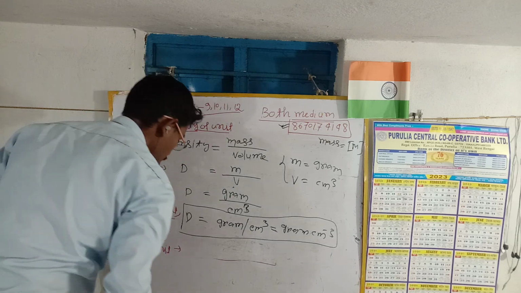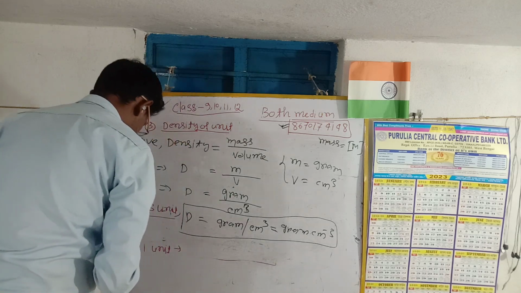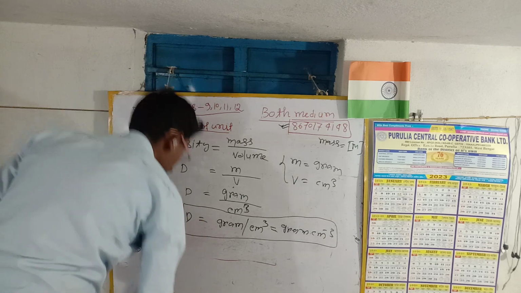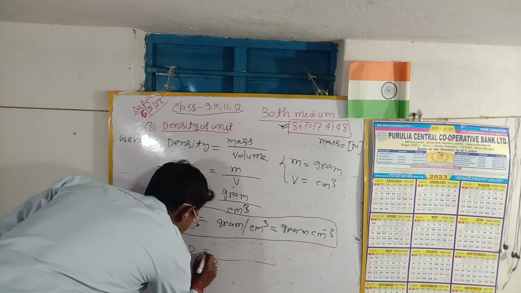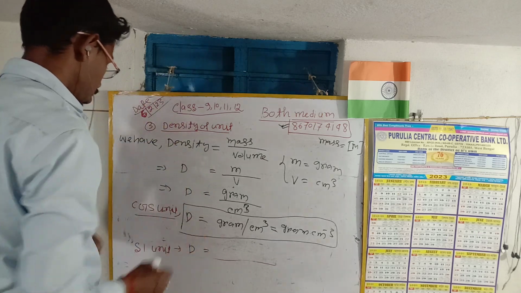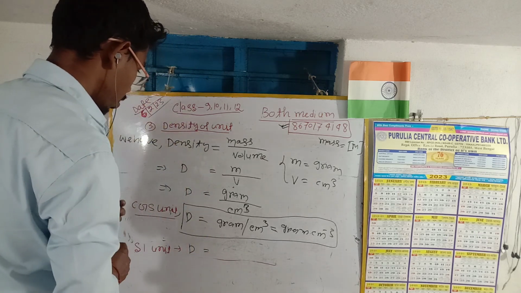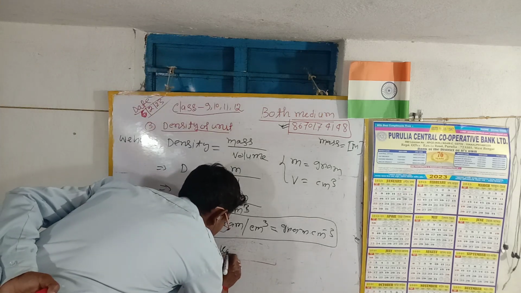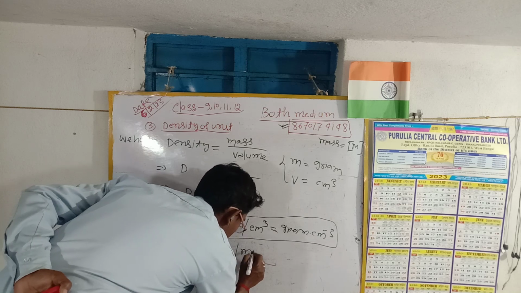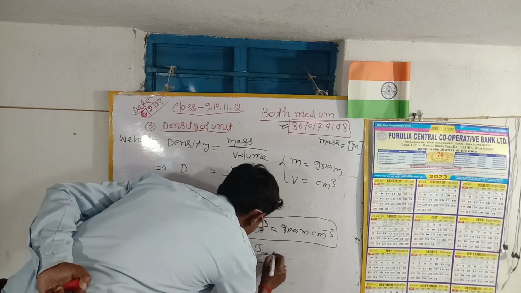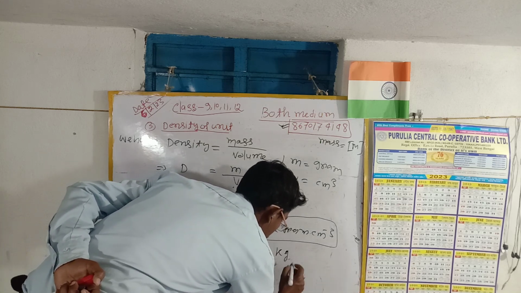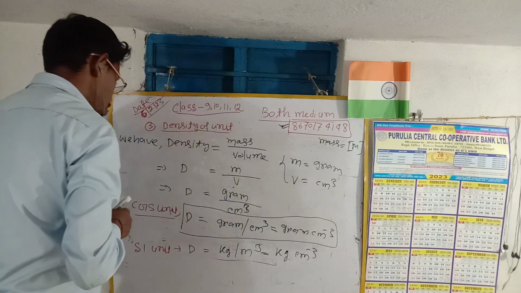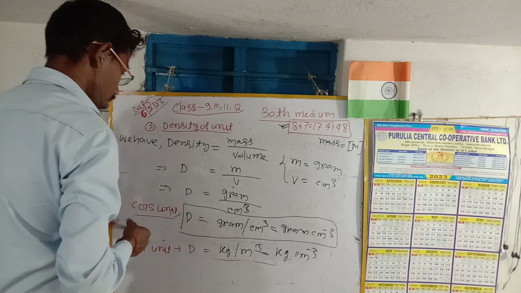The SI unit of D is kilogram per meter cube, or kilogram meter to the power -3. Both units are very important.